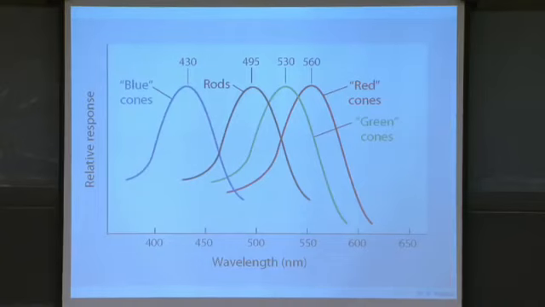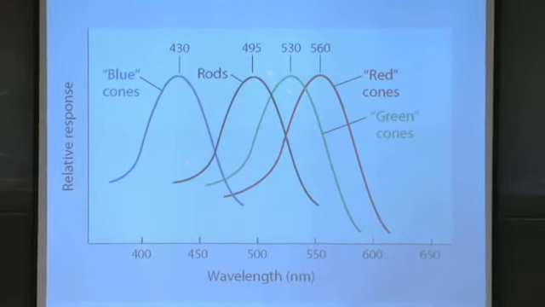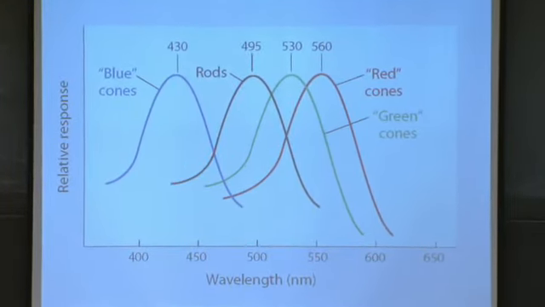A big difference between rods and cones is that the rods are receptive to information at only one wavelength. They're effectively colorblind. We'll come back to that. But that's a good wavelength to pick up information, for example, in low light. The cones are selective for blue or red or green. That's the stuff of seeing color, but it doesn't operate too well unless you have a pretty well-illuminated situation.